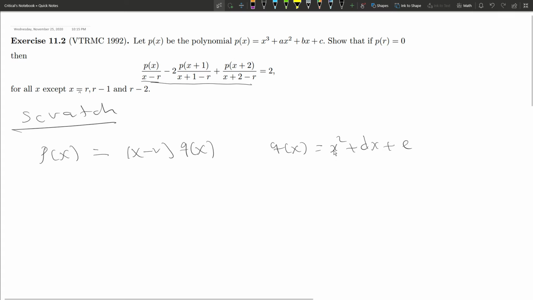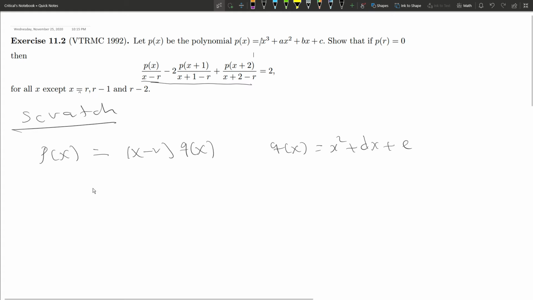The coefficient for x squared is 1 because the coefficient for x cubed is 1. If you had 2 over here, you'd have gotten 2x cubed instead of 1x cubed.